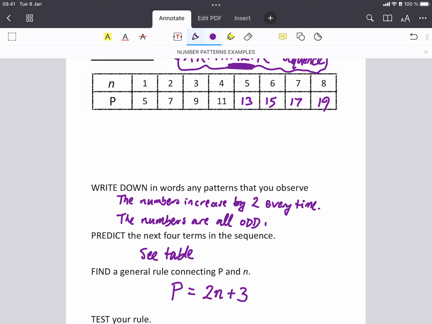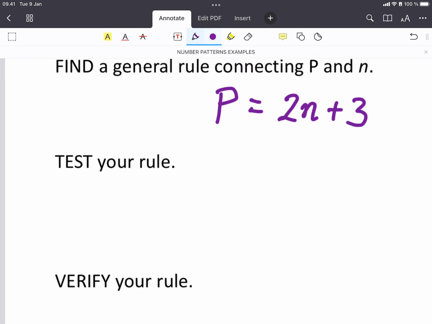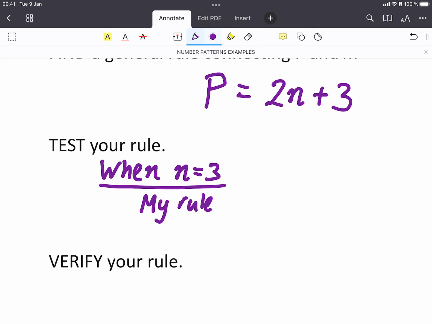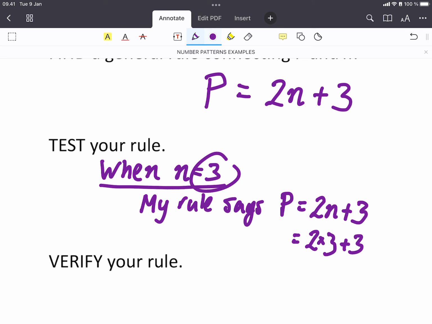So I'm going to do it a couple of times. I'm going to do it for 3 and for 4. So when n equals 3, my rule says P equals 2n plus 3, which is 2 times 3 plus 3, because n is 3. 2 times 3 is 6, plus another 3 makes 9.